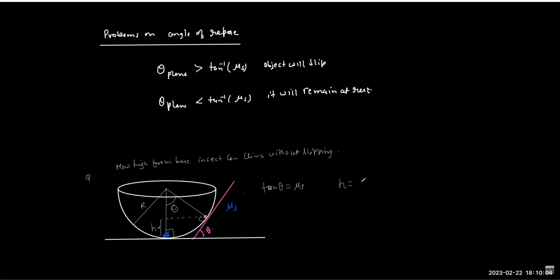So h is R minus R cos theta. And because tan theta is mu s, cos theta will be as follows, and therefore the answer is this. Is this clear? Yes, sir.